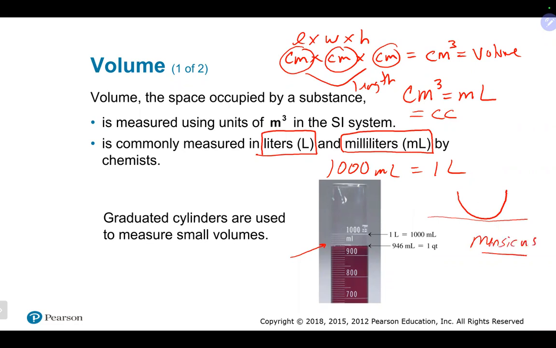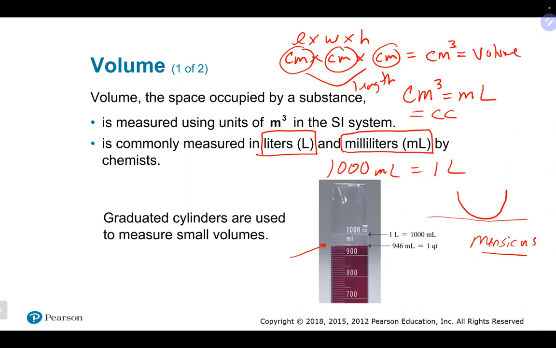And you should always read from the bottom of the meniscus, because what is happening is actually the solution is more attracted to the walls of the container. So what ends up happening is the sides of the solution in the container start to kind of rise up the sides of it, because there's a much more attractive force between the container and the liquid than the liquid in itself. So you get this kind of U-shaped meniscus that occurs.